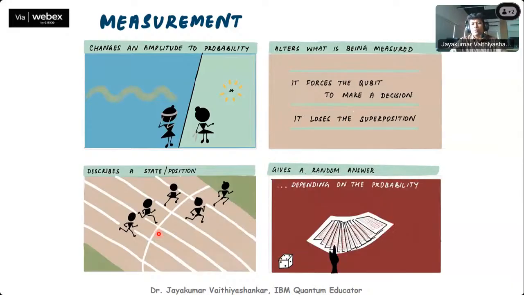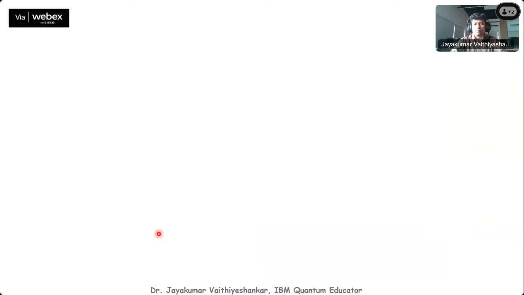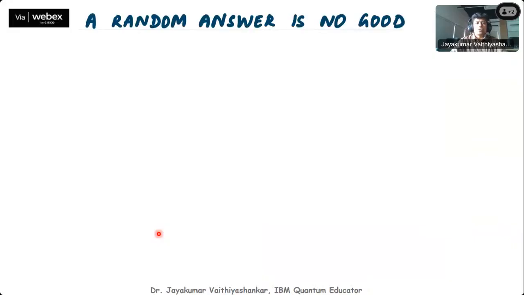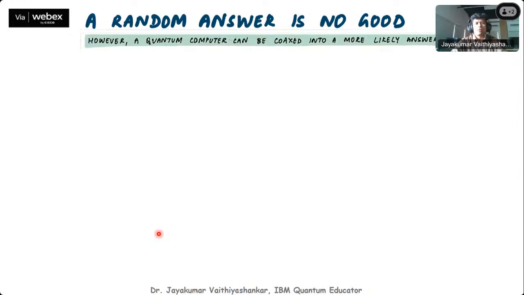Each time you get a random answer, depending on the probability, how close it is to the basis state. A random answer is no good in classical computing, but in quantum it is very good. However, a quantum computer can be coaxed into a more likely answer.